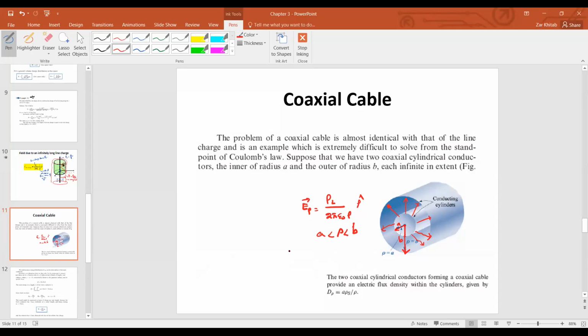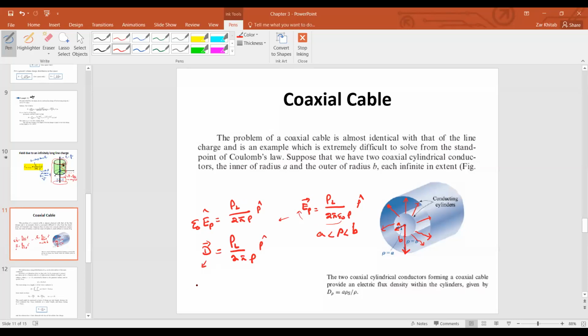If you look at this structure, this is the amount of the electric field. Now, if I bring this epsilon naught to this side, we will have epsilon naught E rho in the direction rho, equal to rho L divided by 2 pi rho in the direction rho. And this will be equal to D equals rho L divided by 2 pi rho in the direction rho.